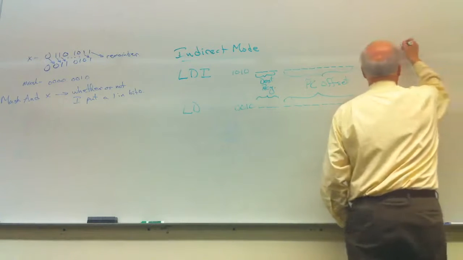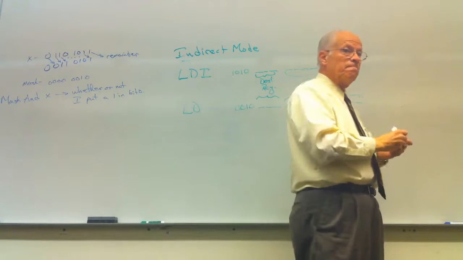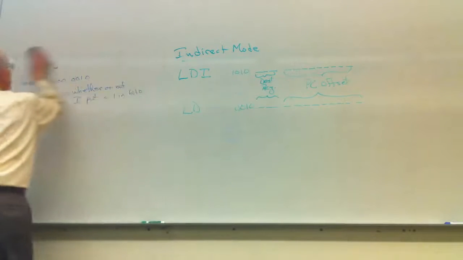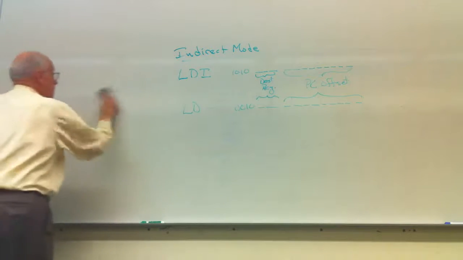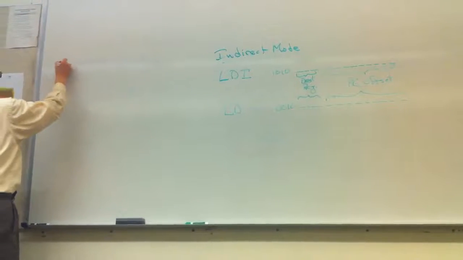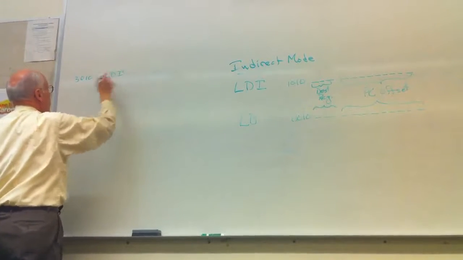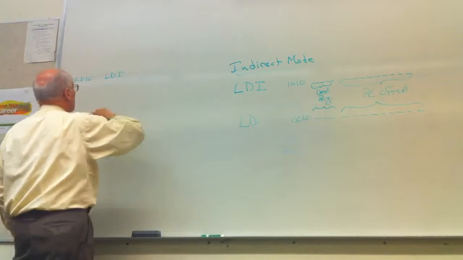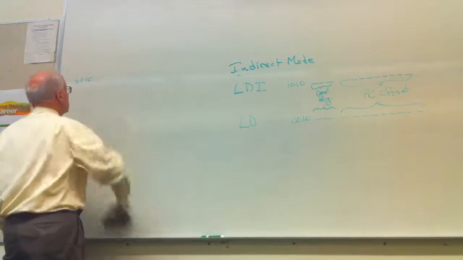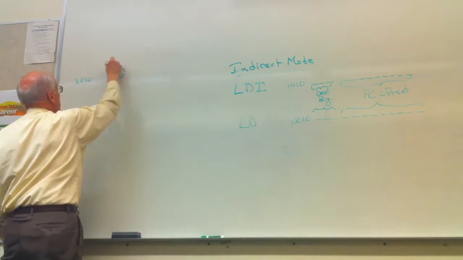Let's go through the steps that it goes through. Suppose that we're at 3010 and we've got a load indirect. 1010, which translates to a load indirect.